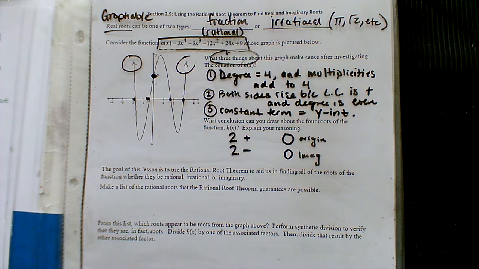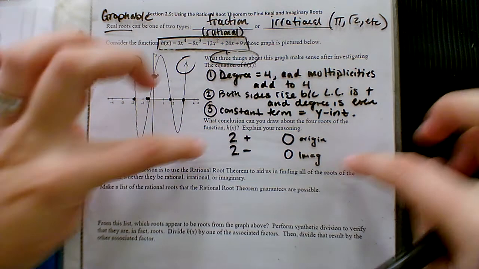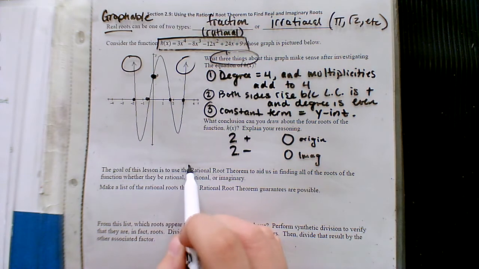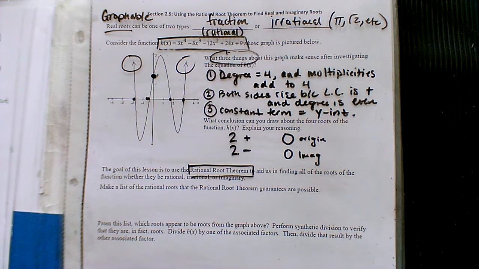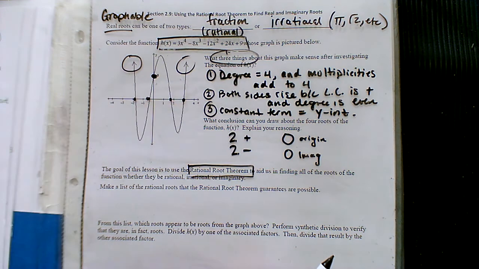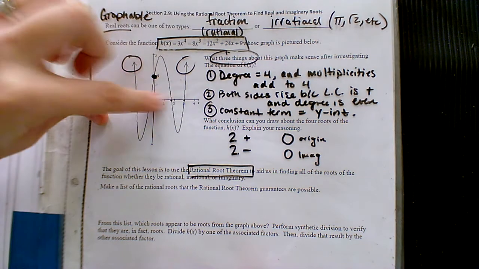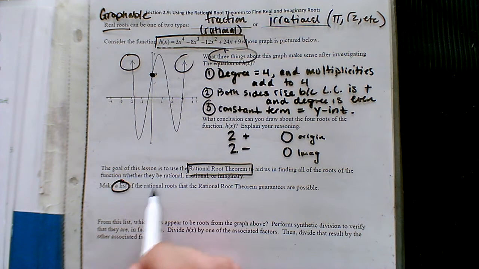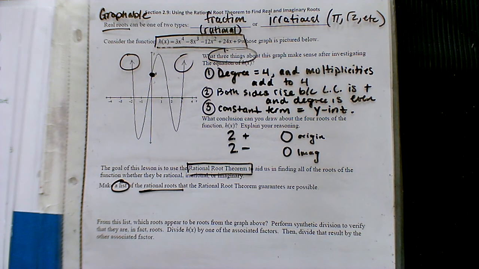Looks good. Okay, so now that we have this analysis, at least specifically about the x-intercepts, let's go ahead and use the rational root theorem from yesterday to actually figure out the exact locations of those x-intercepts. All right, so can we develop a list of all the possible fractional x-intercepts?